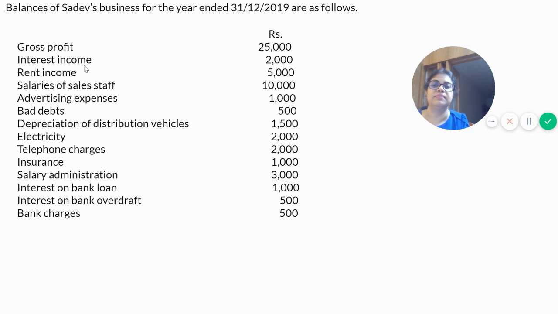These are the other incomes and expenses that have been incurred and earned.